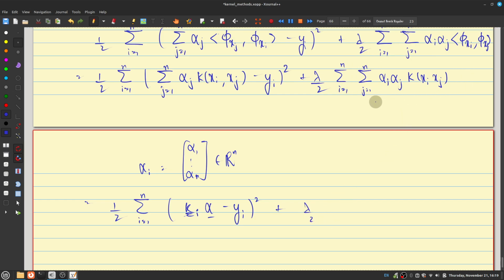What does this look like? Yep, so it's just alpha transpose the kernel matrix K times alpha, right? And what is the first term exactly equal to?